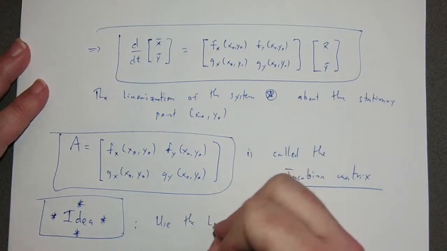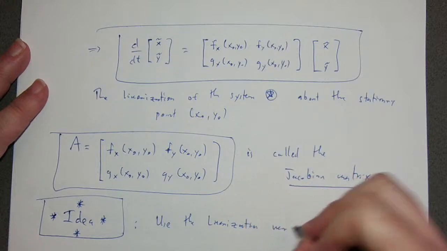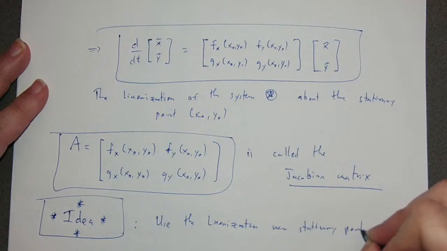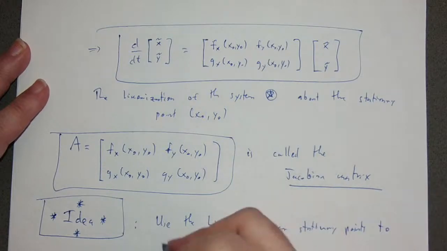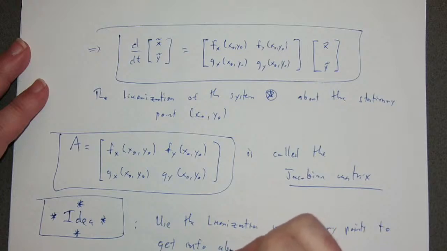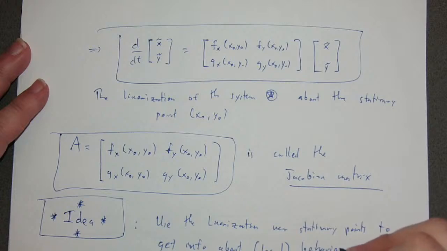Use the linearization near stationary points to get info about local behavior of trajectories.